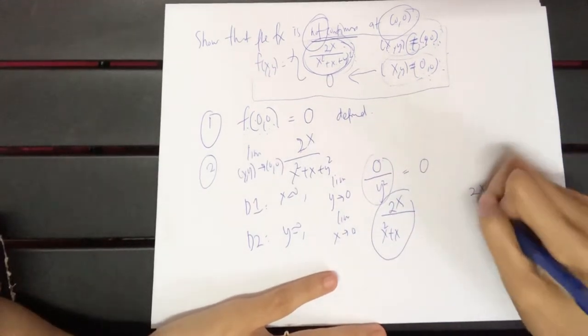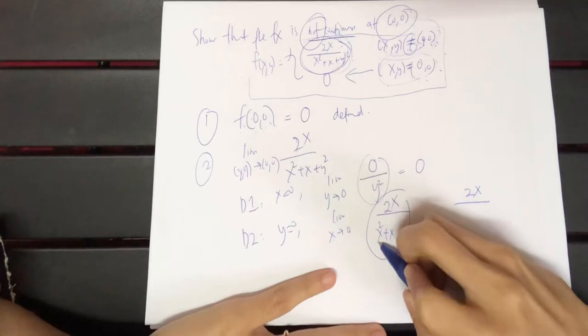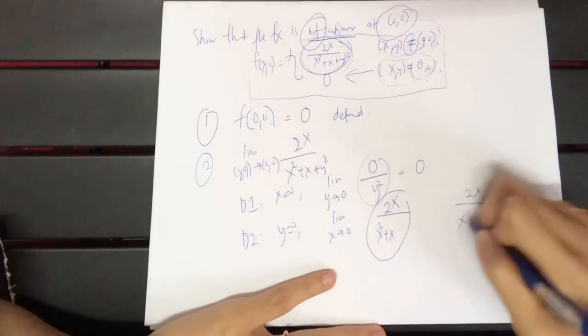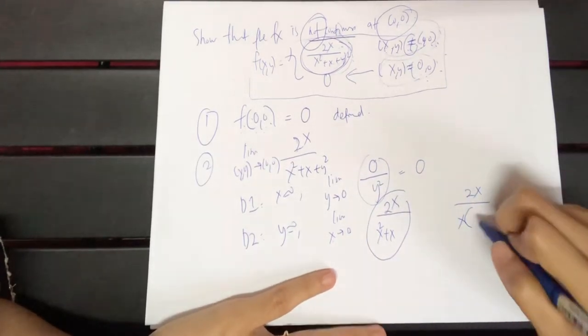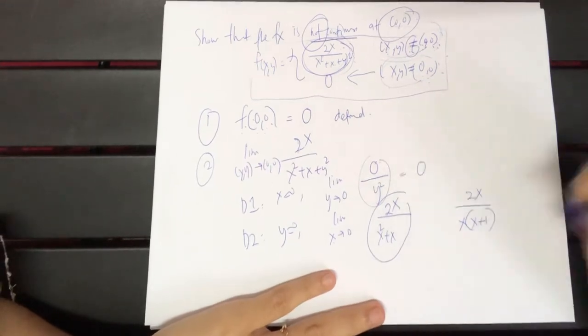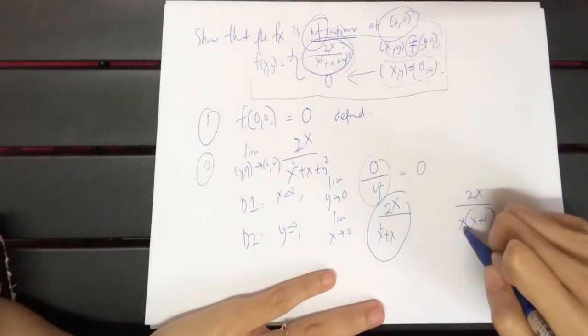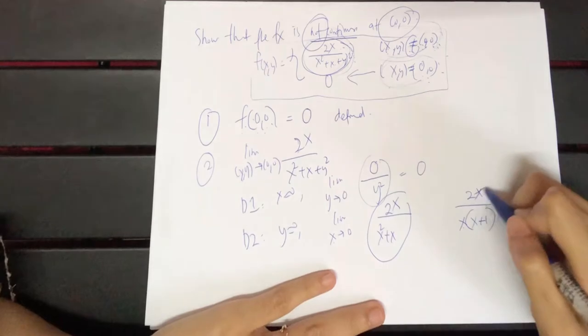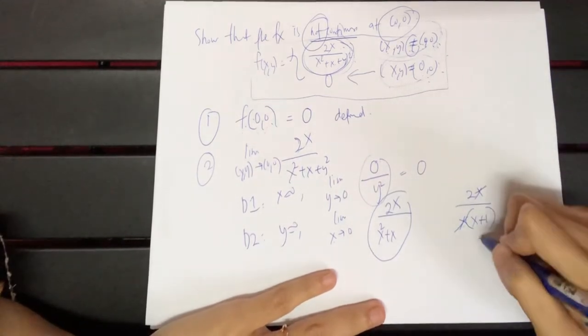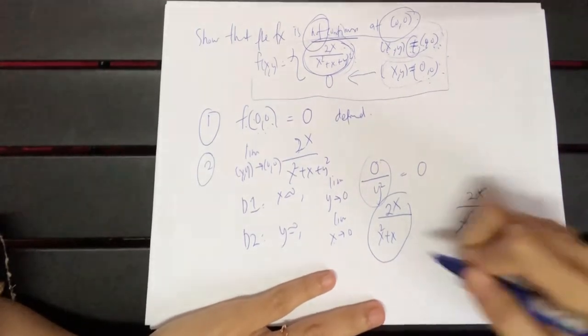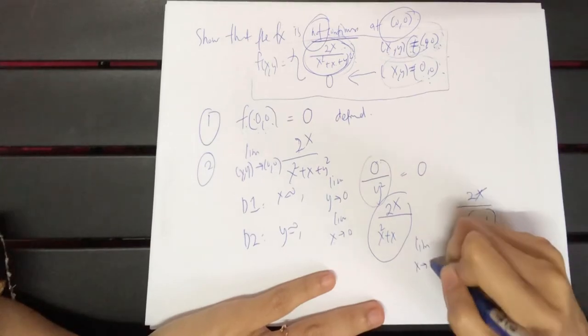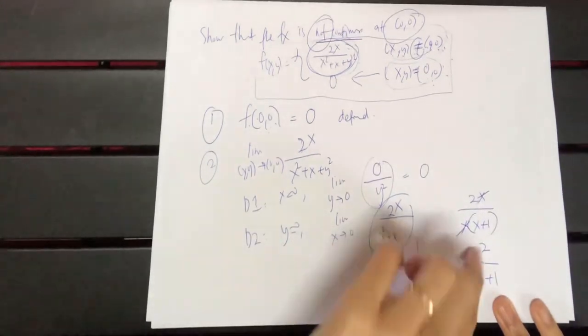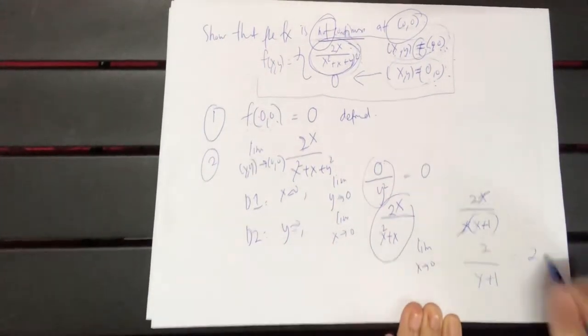Cuba you tengok yang bawah ni. We have X squared plus X, so you can factorize. You can take out the X, so we have X times (X plus 1). And this X with this X you can cancel off. So you are left with 2 over X plus 1. Limit X approach 0, so substitute 0 here. So you have 2.